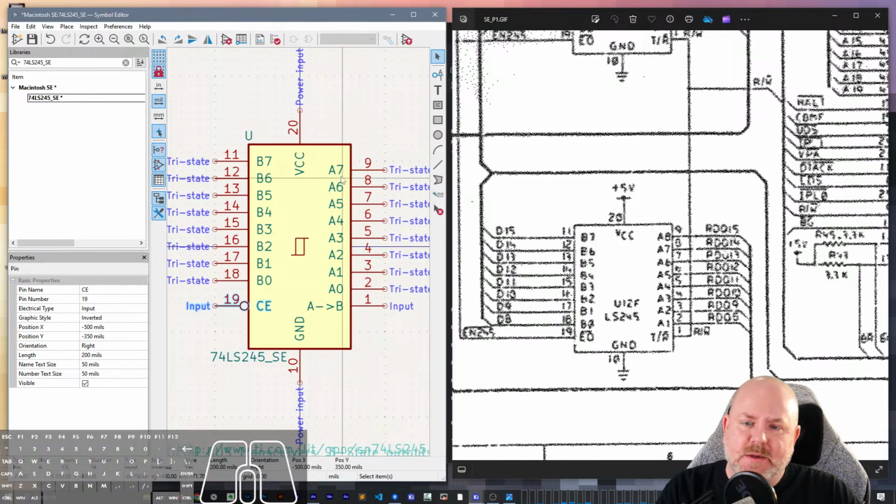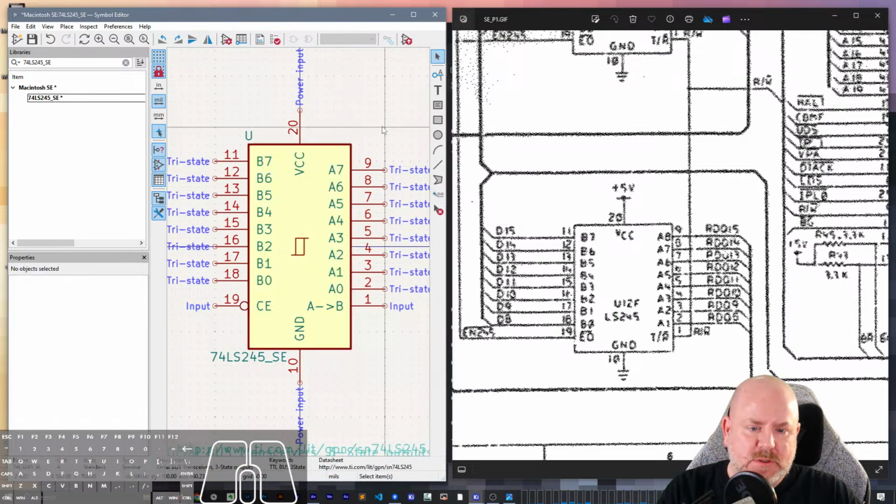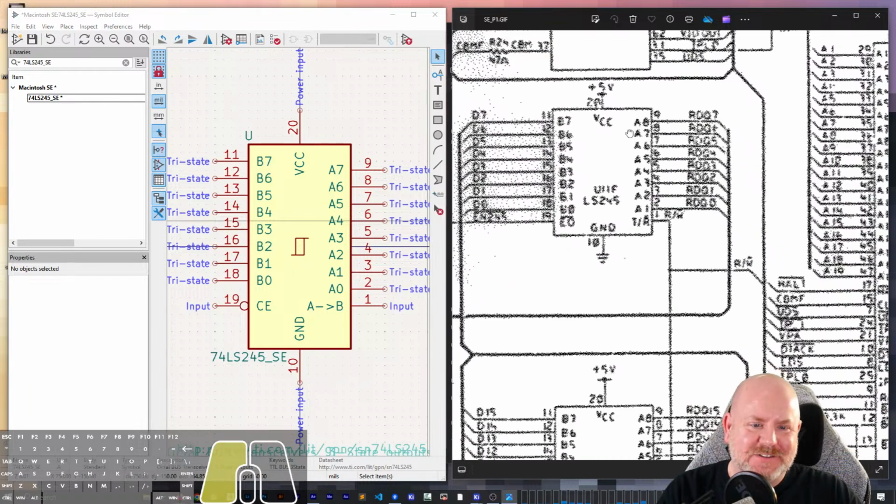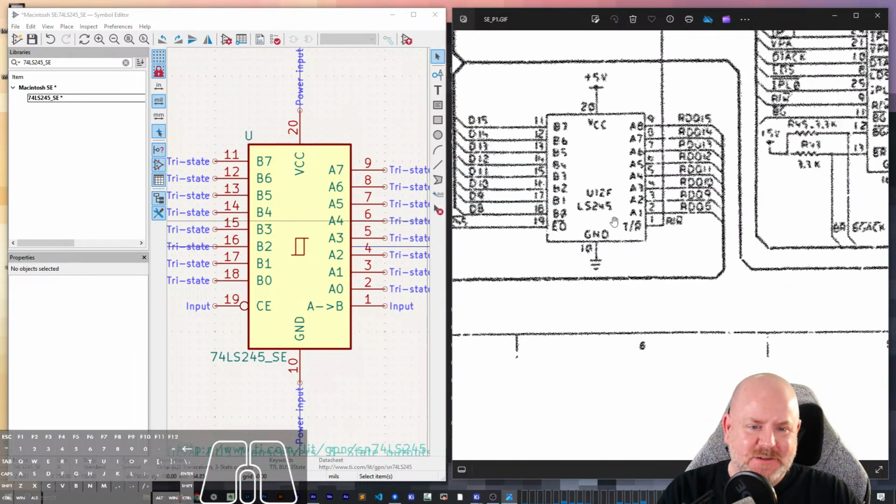Okay, I hate when they do this. Now this doesn't make sense. They labeled it B0, 1, 2, 3, 4, 5, 6, 7, but then they labeled it A, 1, 2, 3, 4, 5, 6, 7, 8. Why would you do that? Like, seriously, why would you do it that way? Because B0 and A0 line up.